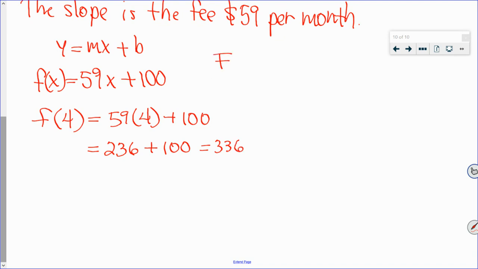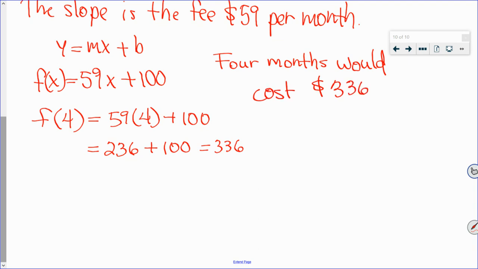So 4 months would cost $336 total. Works every time.